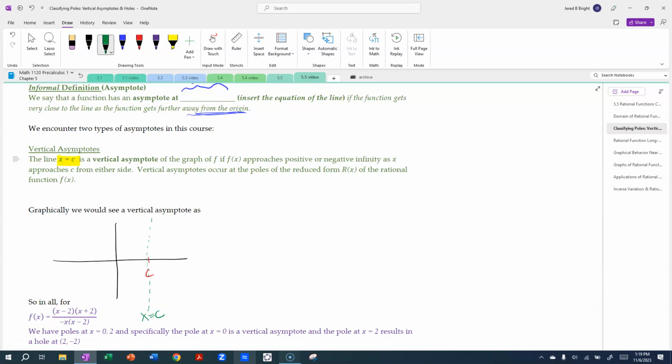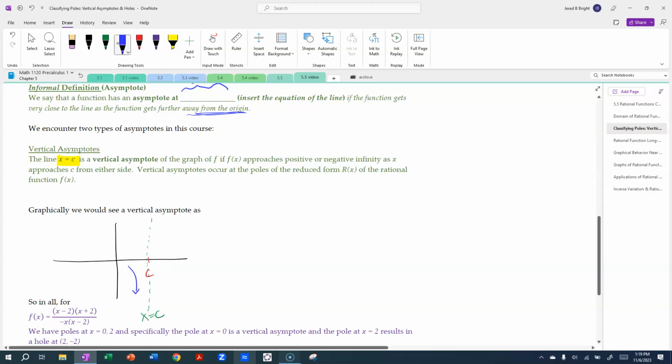And let's see what the definition says. If f of x approaches positive or negative infinity as x approaches c from either side. So you could do something like this, and this, like you could go up on both sides. You could go up on one side and down on the other. You could flip them around. Down here, up here, and erase this, right?